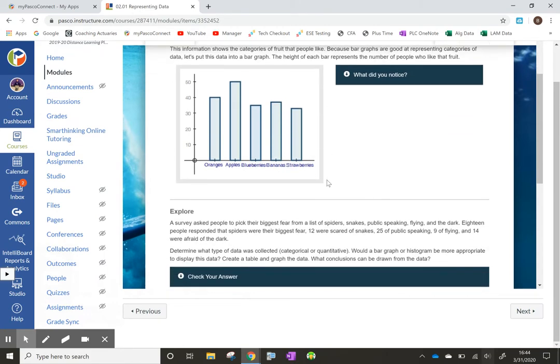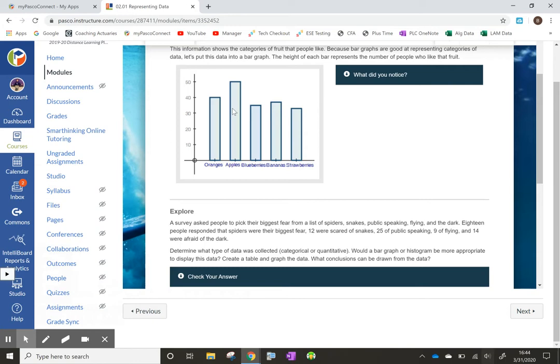But a bar graph and a histogram are kind of the same thing, but one would be for your categorical data and one would be more for the quantitative data. Now, here's the reason why. Categorical data would use a bar graph because you have your categories, as you can see with the apples, oranges, blueberries. You have your categories and then the bar measuring how many of each of those categories. A histogram, you'll see momentarily when we get to one, is essentially a bar graph, but the bars are connected together and they're not based on categorical data.